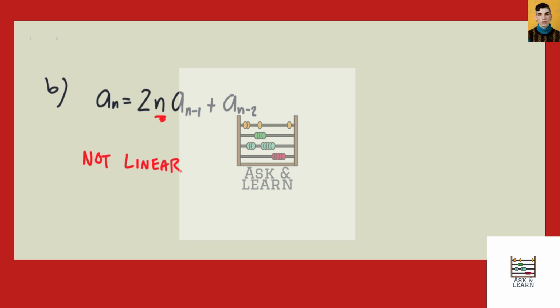Next, the 2n is not a constant. It is, however, homogeneous. And that's because there are no constant terms, right? So there still isn't any sort of like plus 7 hanging up on the end.